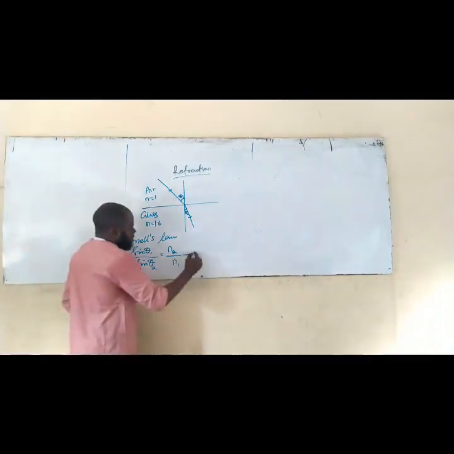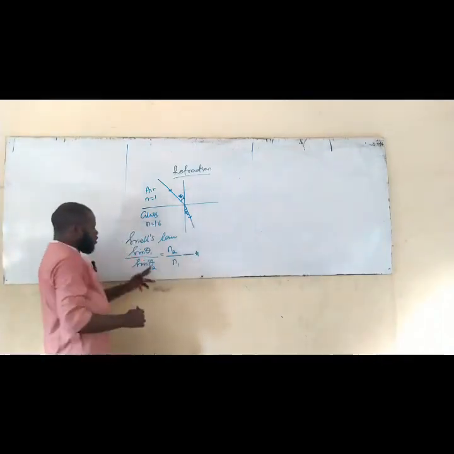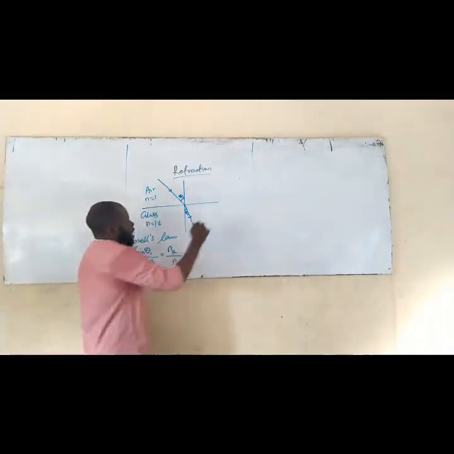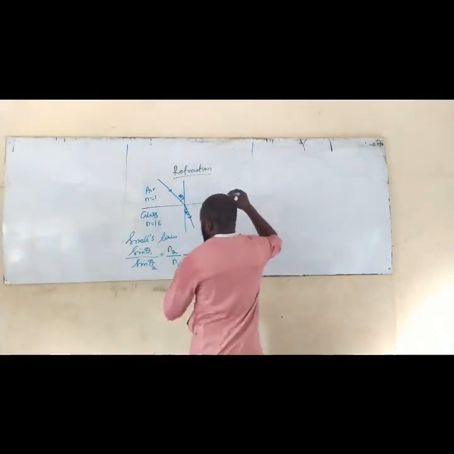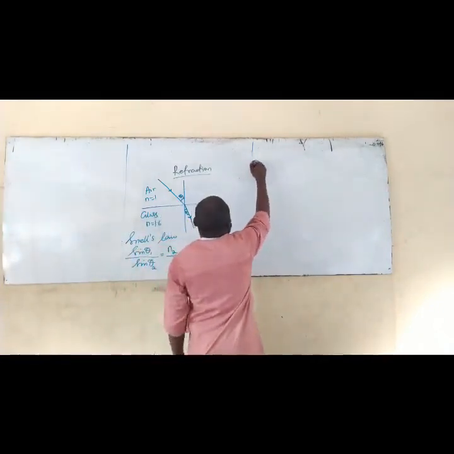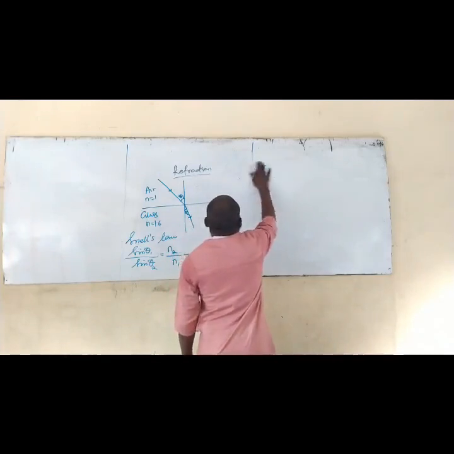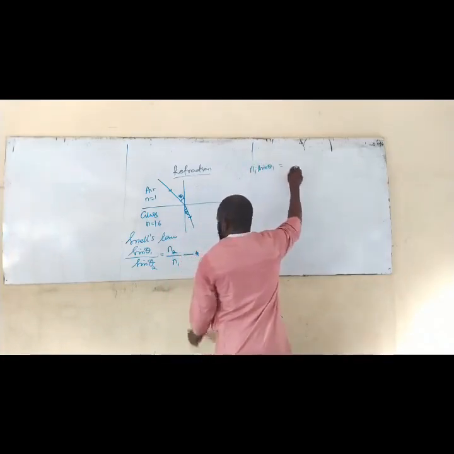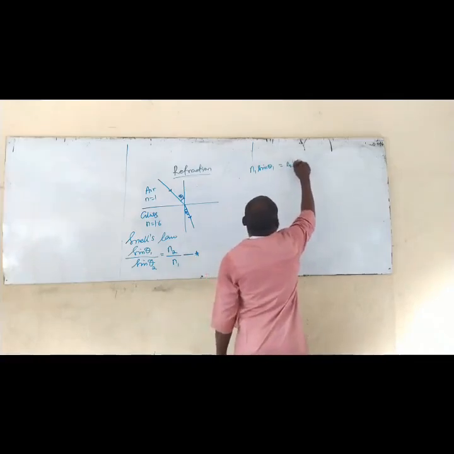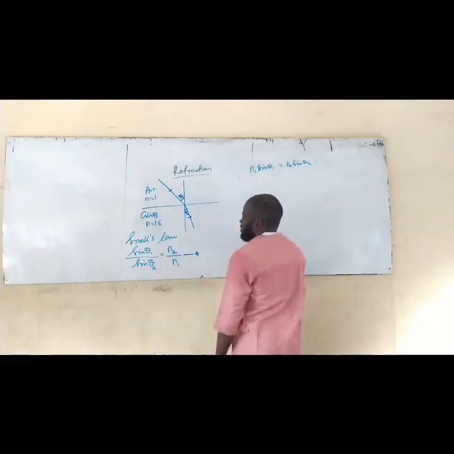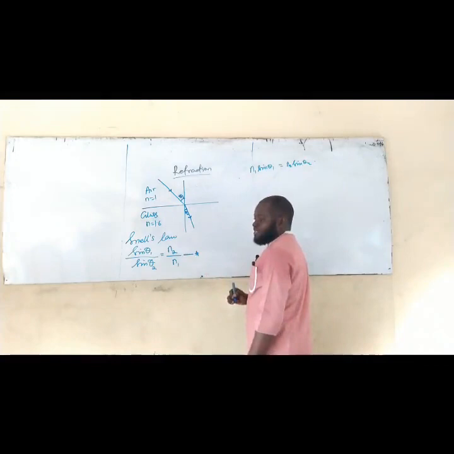If I call this equation star, cross multiplying from here, I will have n1 sine theta 1 equal to n2 sine theta 2. Am I making sense now?